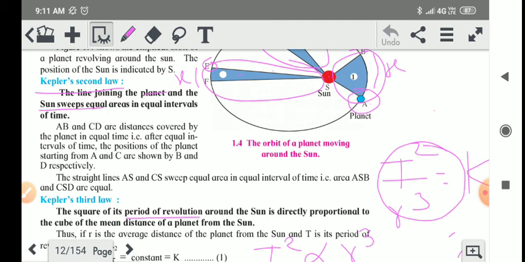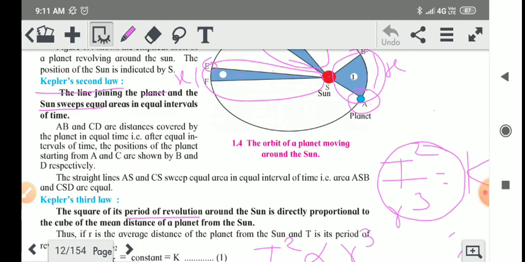So in equal intervals of time, the area covered by the planet is equal. And the third law is that the square of the period of revolution around the sun is directly proportional to the cube of the mean distance of the planet from the sun.